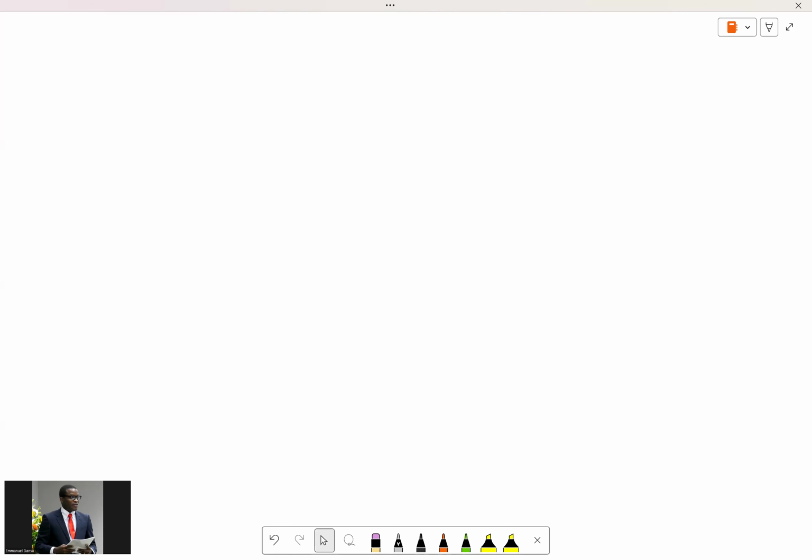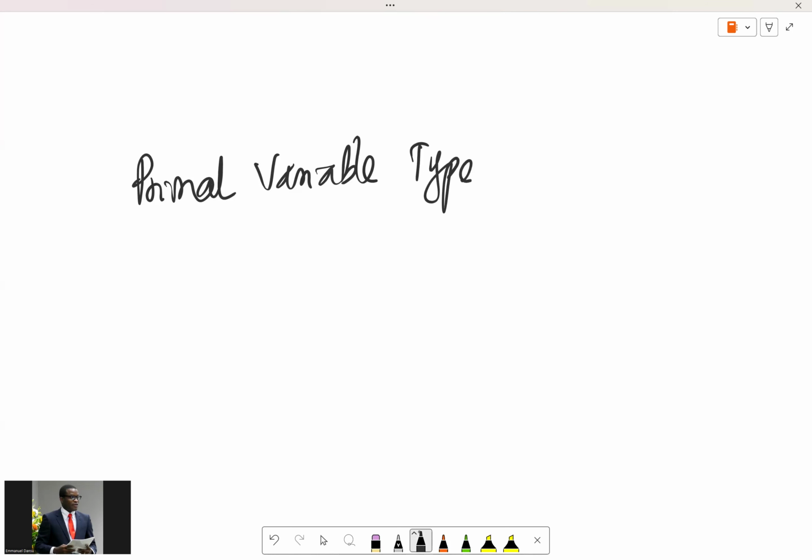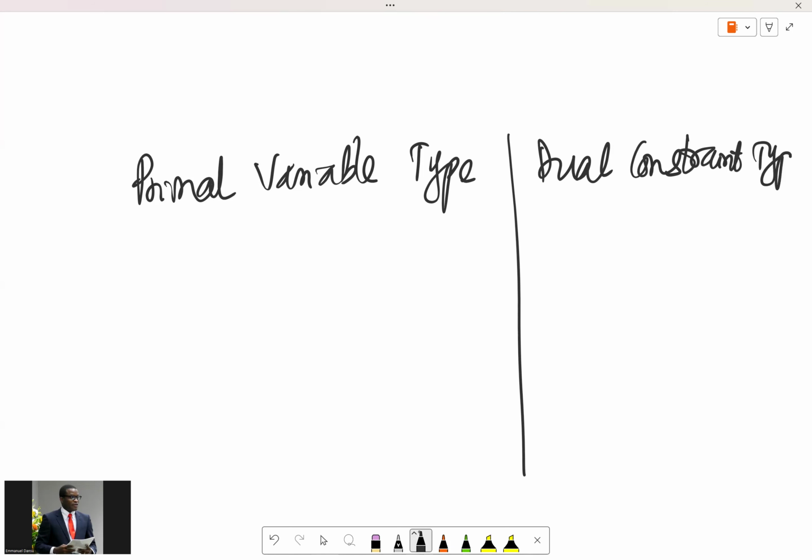So for starters, let me have the primal variable type and then the corresponding dual constraint type, something like this.